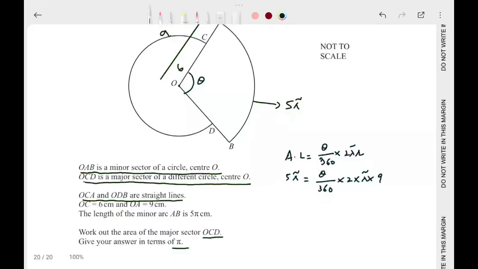If you see, the radius of the outer one is 9 and the radius of major sector is 6. So pi will cut by pi, and 9 times 1, 9 times 40, 2 times 1, 2 times 20, 40. So 5 is equal to theta over 20. So we do cross multiply. So theta is equal to 5 times 20, and that is 100 degree.